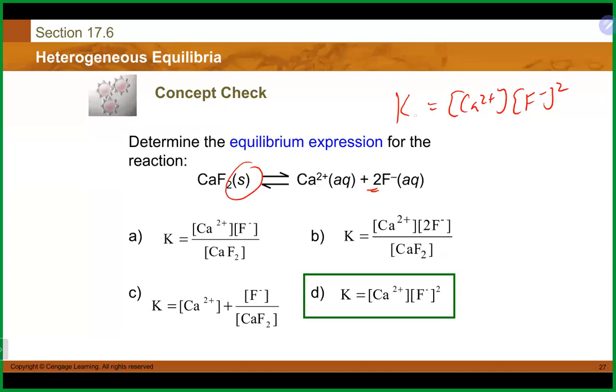This actually is what is sometimes referred to as a Ksp type of equilibrium, which means solubility product. So there's actually equilibrium constants for things that, if you remember your solubility rules, there are lots of things that are insoluble. So even though things technically are insoluble, everything will break apart a little bit. So even when we look at something like, say, silver chloride, and it says on our table that it's insoluble, you'll get a solid.